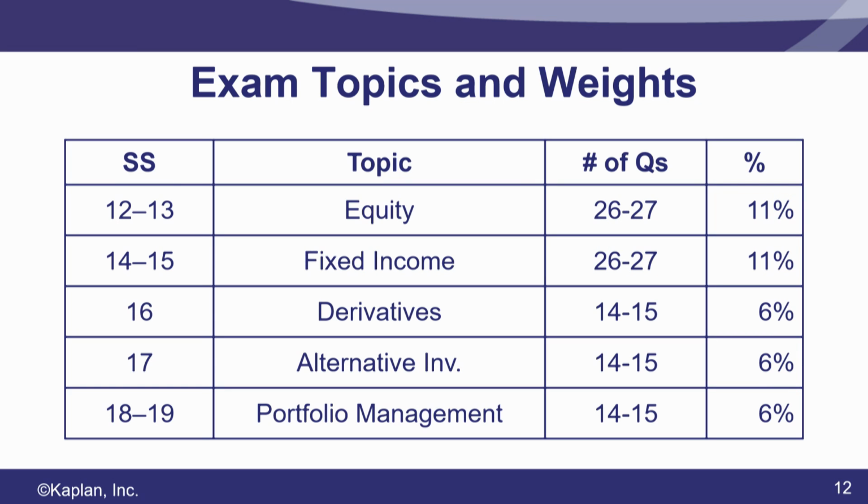Equity, 11%. Fixed income, 11%, so 26, 27 questions instead of 24. Our lowest weights are on these last 3: derivatives, alternative investments, hedge funds, venture capital, real estate, private equity, that sort of thing. And lastly, portfolio management and portfolio theory.